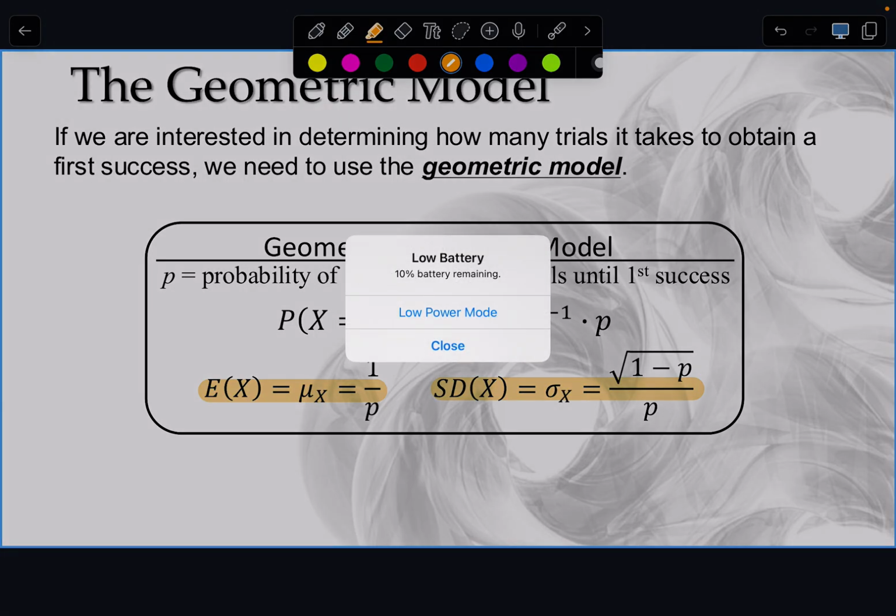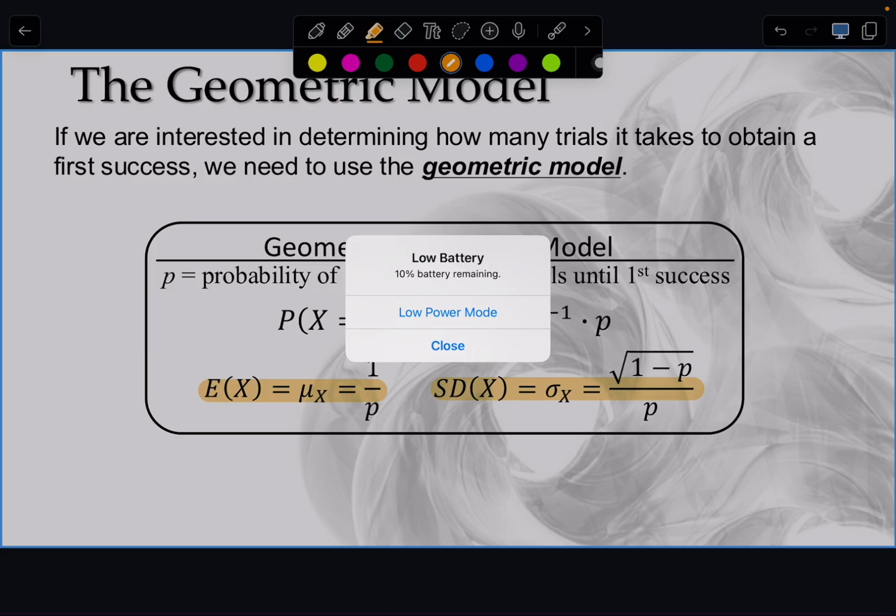So there's going to be 1 success every time. So when we're calculating these probabilities, whatever trial we're looking for, I need to fail that many times minus 1, and then I succeed on that very last try. So it's just a way of shortening up or streamlining that general multiplication rule.